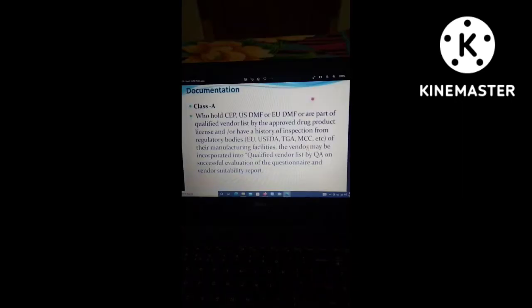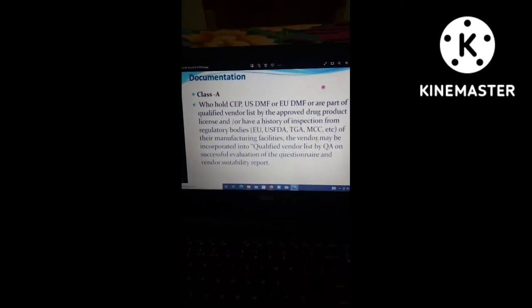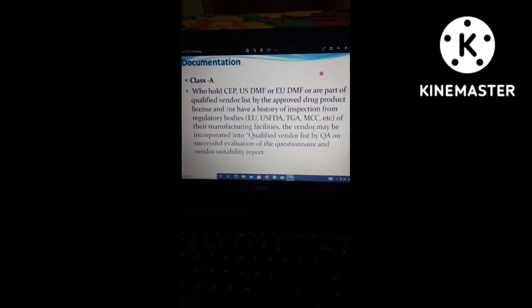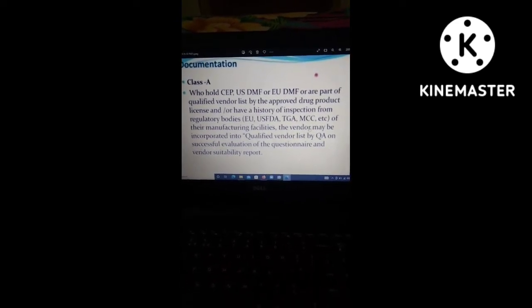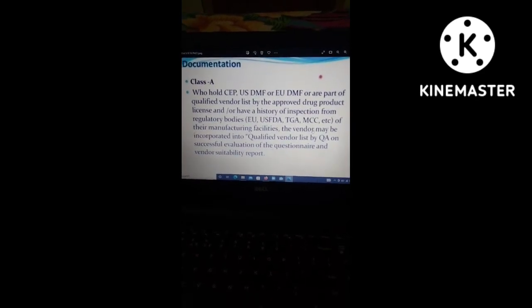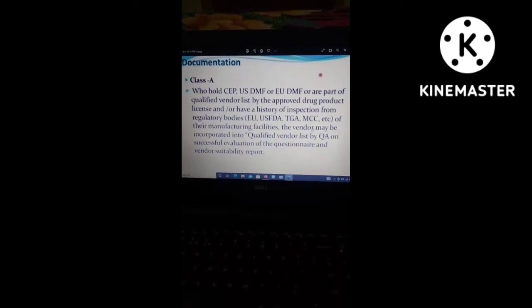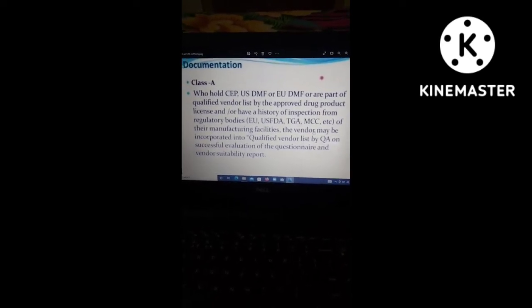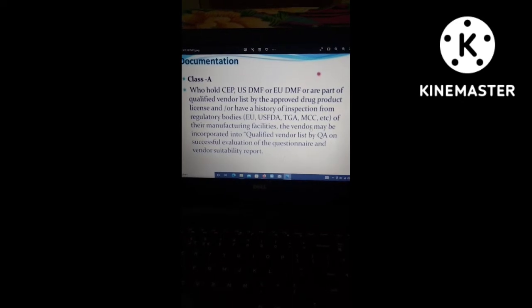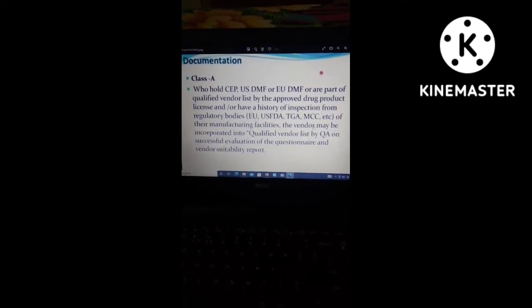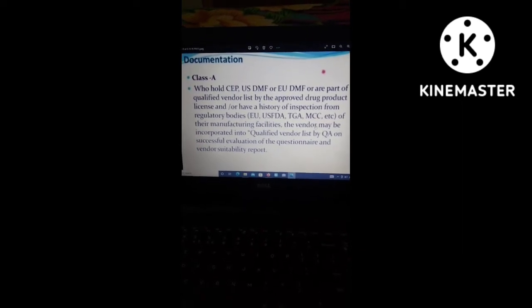See what is meant by a class A vendor. Class A vendor means the vendor who holds the US DMF or the European DMF, or is part of the qualified vendor list by the approved drug product license, and also has a history of inspection from regulatory bodies like US FDA, Therapeutic Goods Administration, MCC, EU of their manufacturing facilities, and they may be incorporated into the qualified vendor list by QA on the successful evaluation of the questionnaire and the vendor stability report.